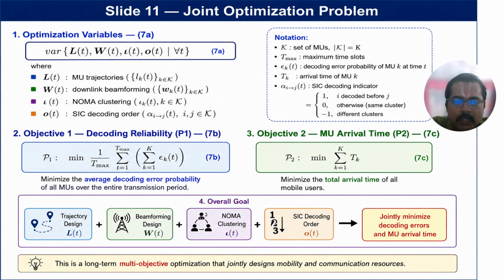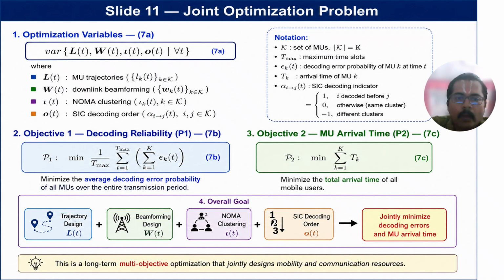Let's see who does what. Trajectory is related to the autonomous mobile robot, beamforming is related to the access point, and clustering and SIC decoding order are done by the static or mobile users.